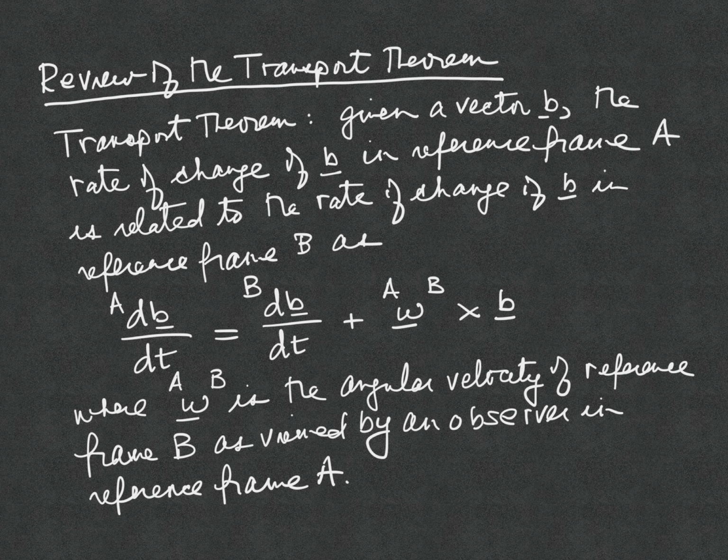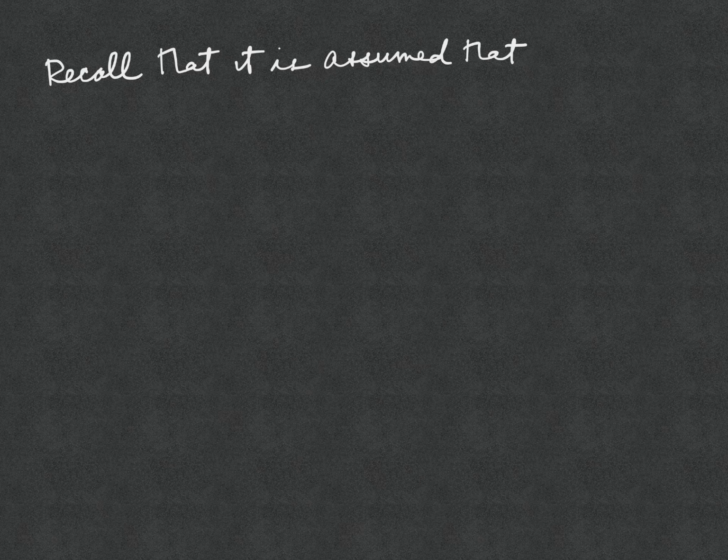So now let's look at the transport theorem visually through a picture to provide an understanding as to what is going on with the different terms in this theorem. So recall that it is assumed that frames A and B share a point.